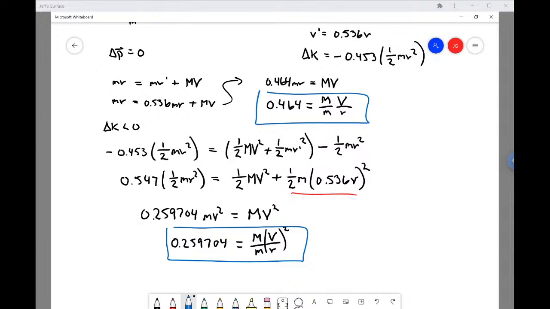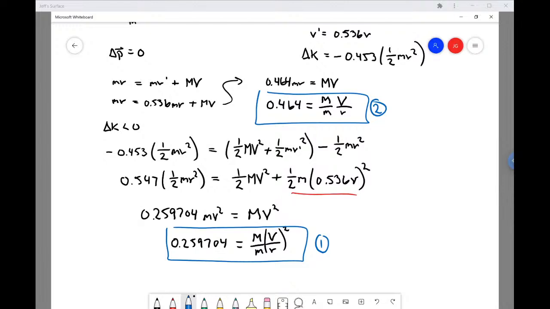So one of the things you can do here is I can take this equation, call it equation 1, and divide this equation, equation 2, into it. If you do that, you see on the right hand side you have big M over little m, big V over little v, and then it's squared. So if I divide 1 by 2, I will be left with a big V over little v on the right hand side. And on the left hand side, it's just the ratio of these two decimal numbers.